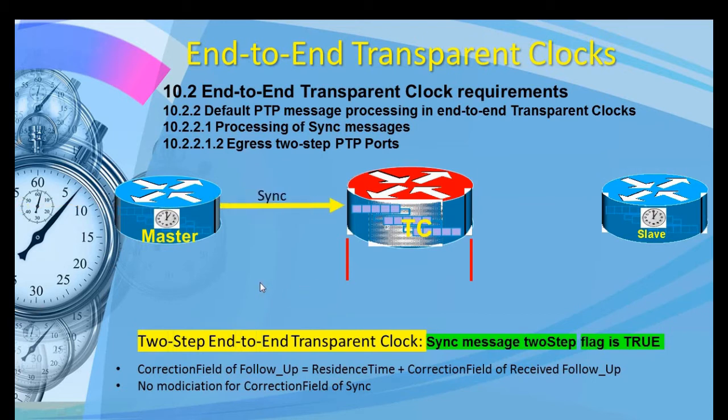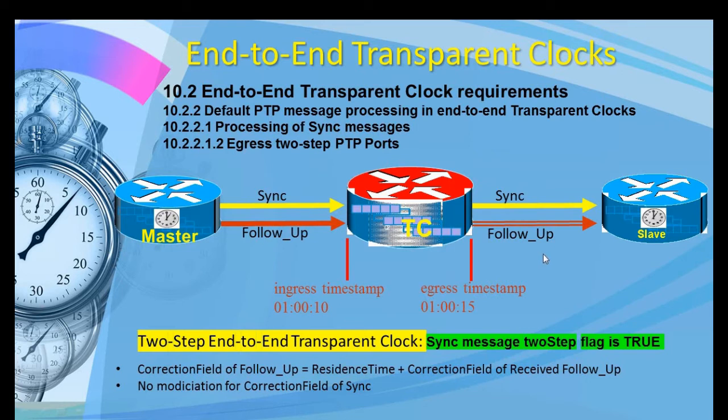Another scenario is if the two-step flag in the sync message is true, which means the master side will send out a follow-up message. When this follow-up message reaches the ingress port, it makes a timestamp, and the follow-up message will be modified after going out of the transparent clock.